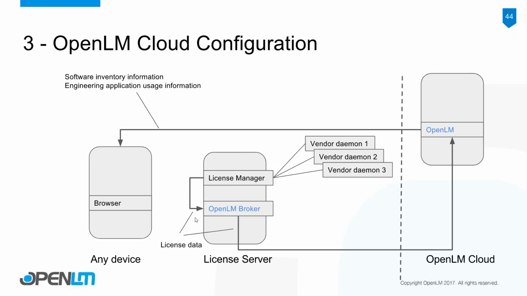The license managers transmit the data to the OpenLM broker, and now the OpenLM broker sends it to the cloud solution, the OpenLM cloud. So it's the same as the first option that we saw, but OpenLM is on a cloud. It's not on premise. And from the cloud, you get the data on a browser.